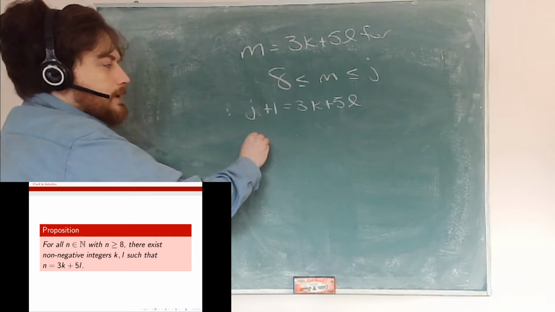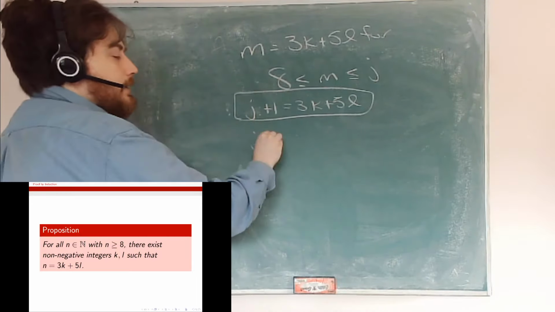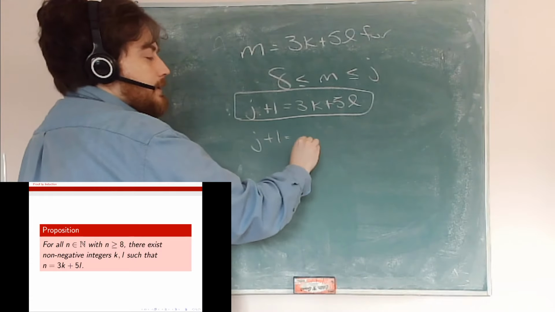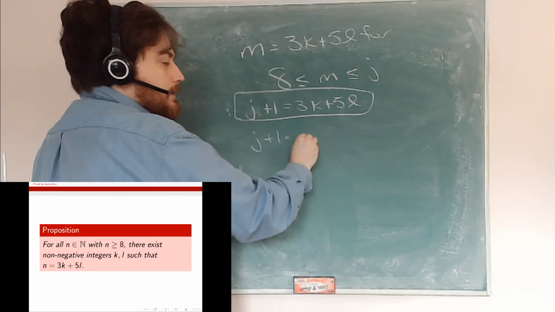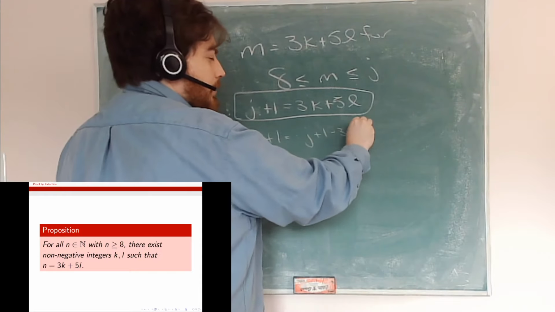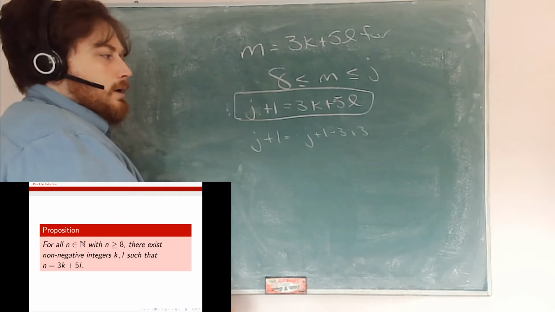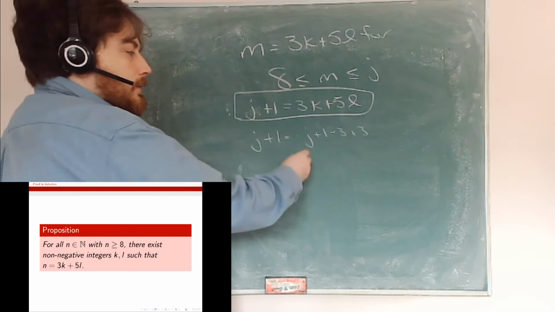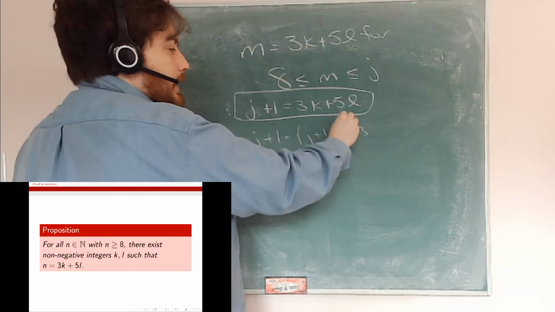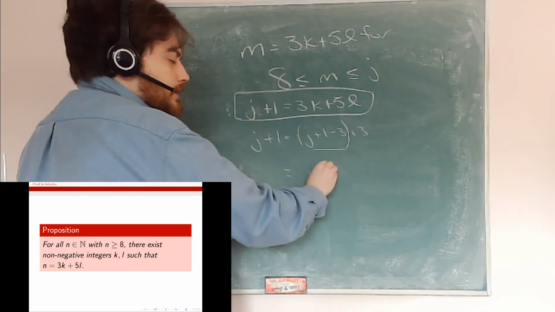So I can say j plus 1 is equal to j plus 1 minus 3 plus 3. And why am I doing that? Well, this term is just going to be j minus 2.